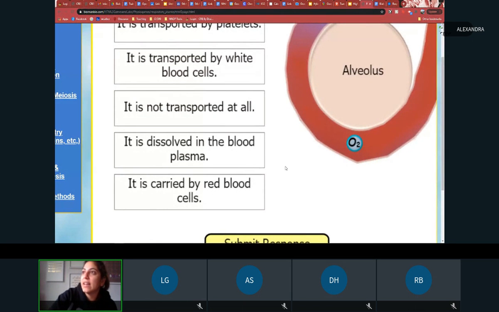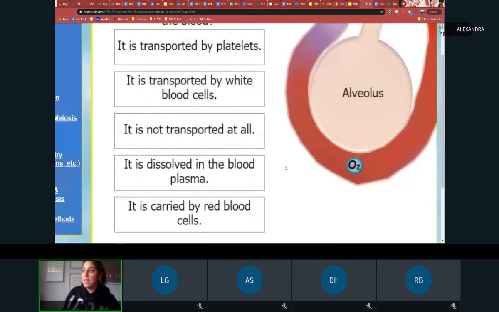Now let me go ahead and show you all the answers. So how does it get transported? Platelets, white blood cells, doesn't get transported, dissolves in the blood plasma, or is it carried by red blood cells? Which one is it?